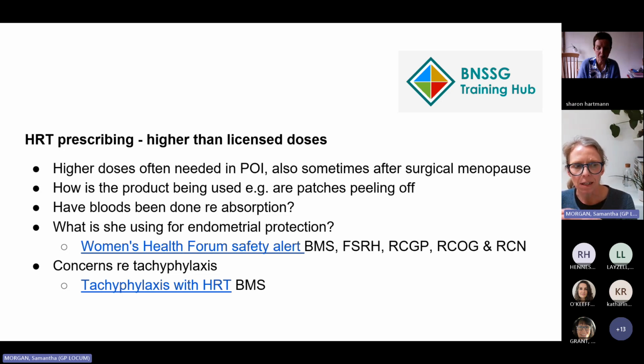So again, this can be another occasion where blood tests sometimes can be useful to guide you in not continuing to increase. So some women might have levels of 900, 1,000, but still be having lots of symptoms suggesting that they perhaps need to have more HRT. So again, a useful time where blood tests on occasion can be helpful.